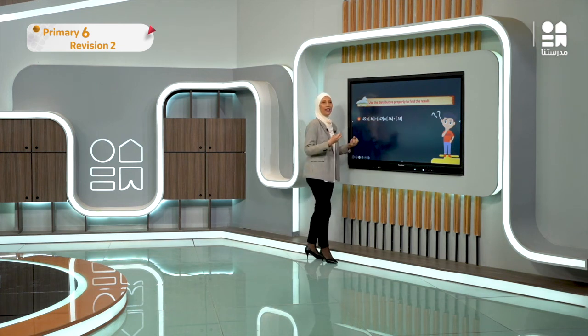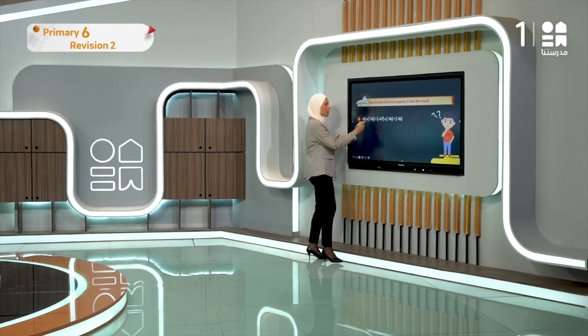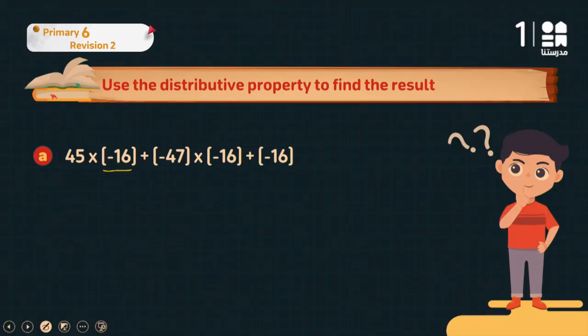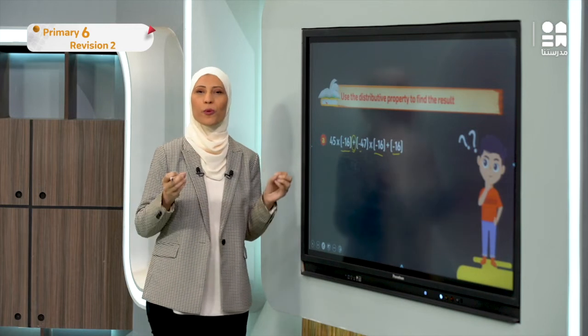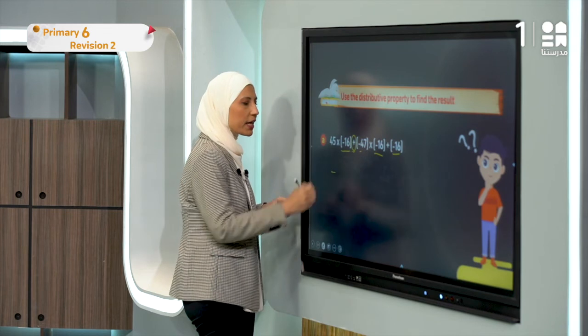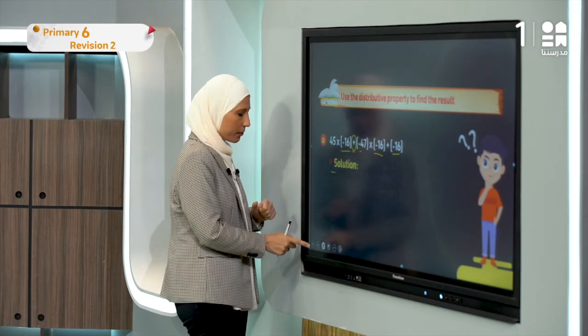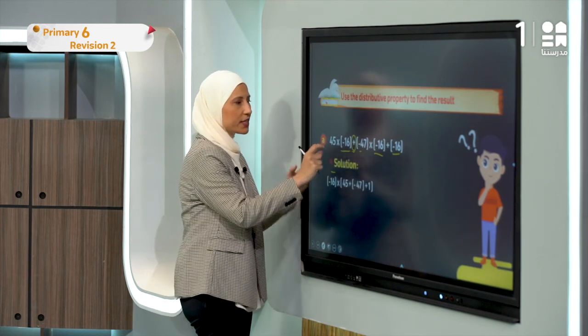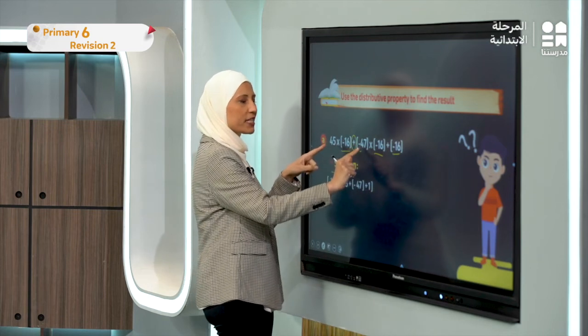Here, it's a tricky one. I have 45 times negative 16 plus negative 74 times 16 plus negative 16. Here you note that negative 16 is repeated, multiplied by two different numbers, with an addition sign between them. What does that mean? The distributive property. So I will take negative 16 outside and write negative 16 times 45 plus 47.